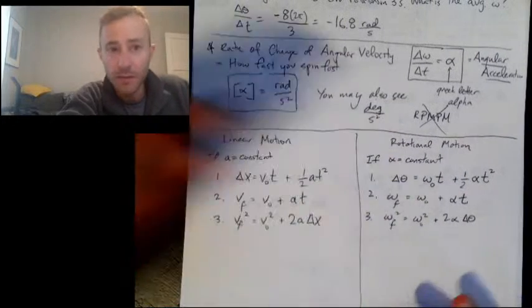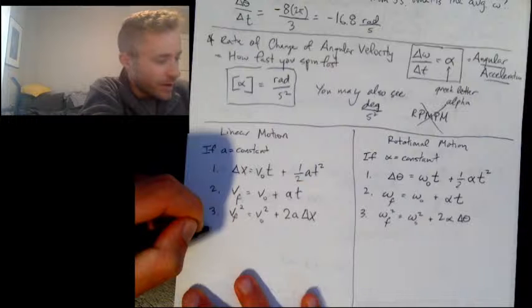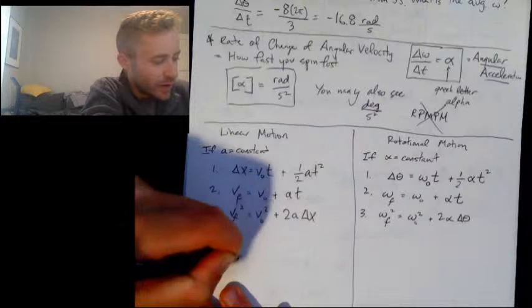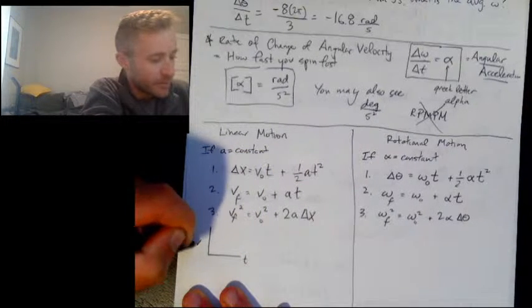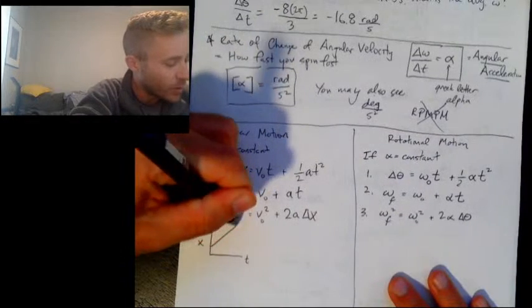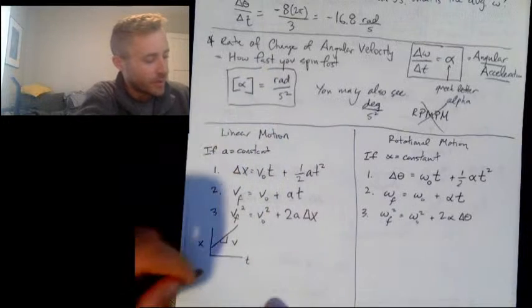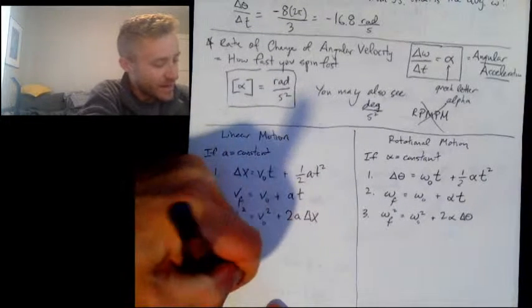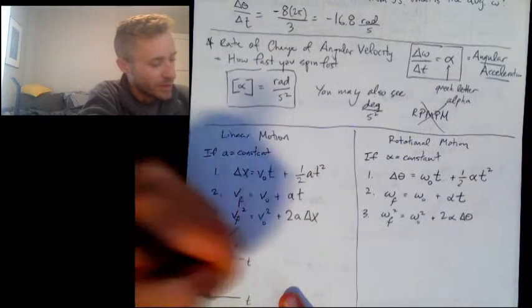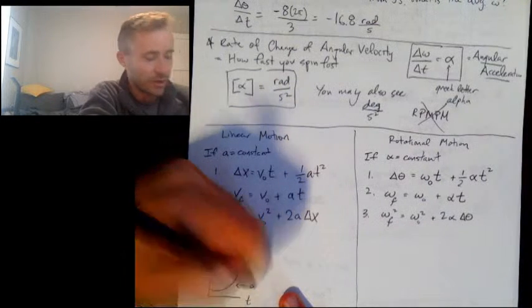But we can go even further. So you might remember that if you have a position time graph, the slope was the velocity, and if the graph was bendy like that, that is linear acceleration.